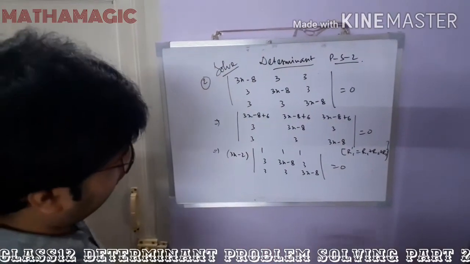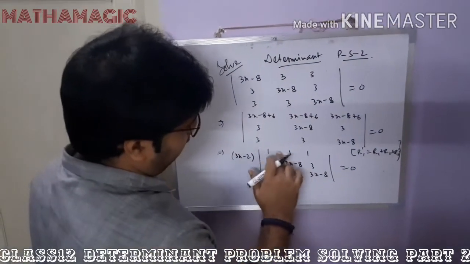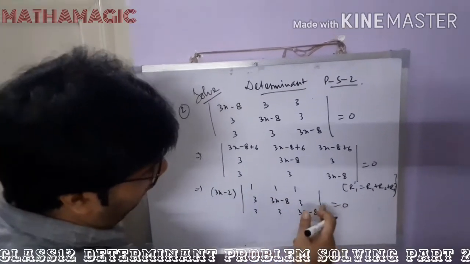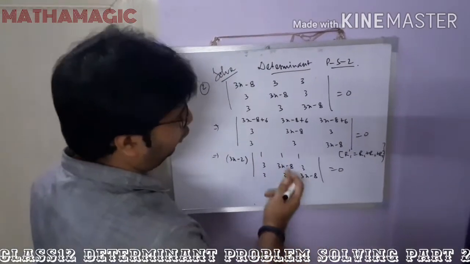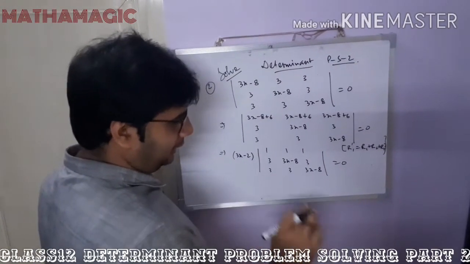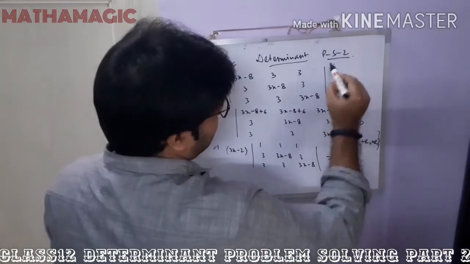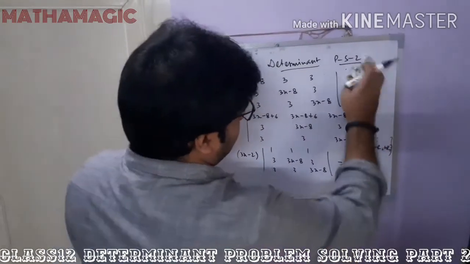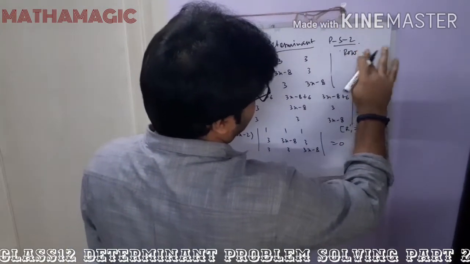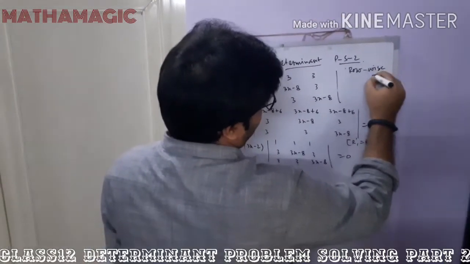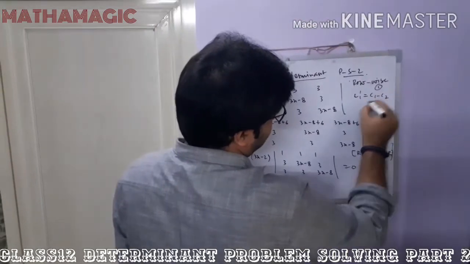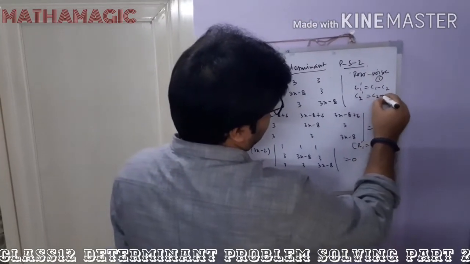Now we'll just follow the procedure we have already discussed for when we get 1, 1, 1 in one particular row or column. I'll repeat it once again. If we get 1, 1, 1 in a row, please note it down: for row wise 1, 1, 1, you have to perform C1 dash equals C1 minus C2 and C2 dash equals C2 minus C3.